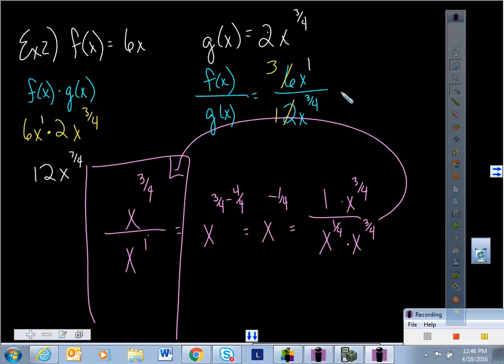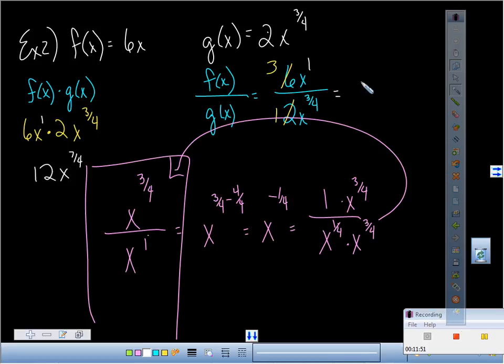What is 1 minus 3/4? 1/4. So this is 3x to the 1 minus 3/4. So that's 3x to the 1/4. Good answer? Yes. Perfect answer. Nothing wrong with it. Remember the things that you cannot have. No negative exponents, no fractional exponents in the denominator. Okay? All right. Anybody got a question?